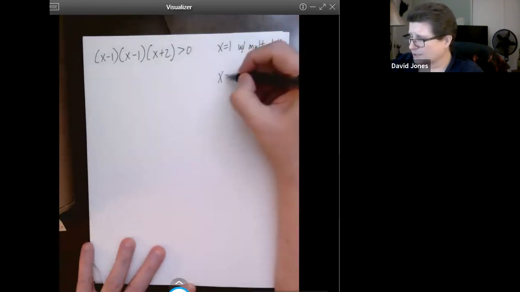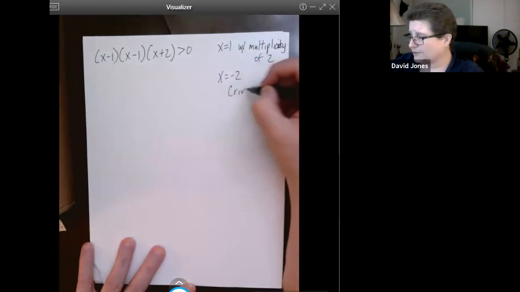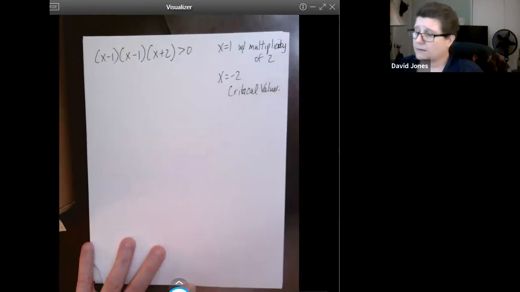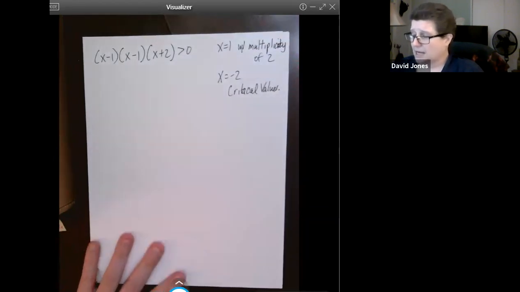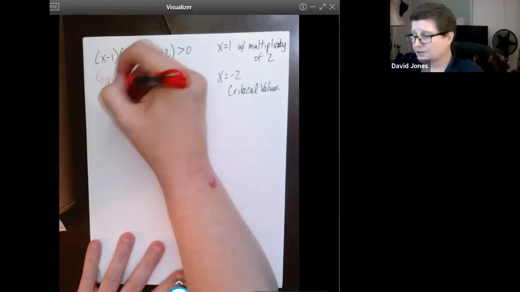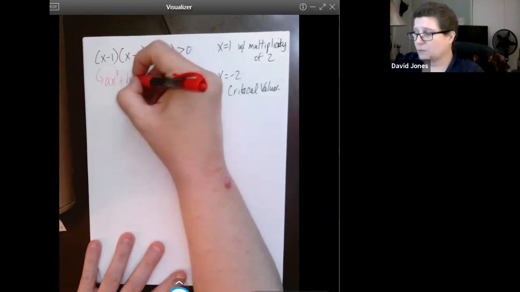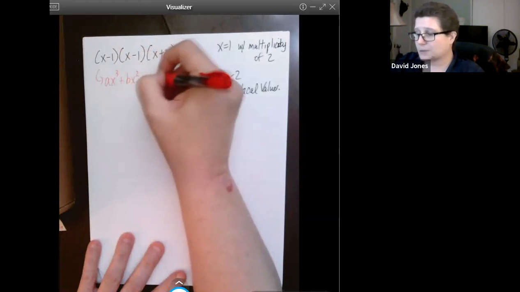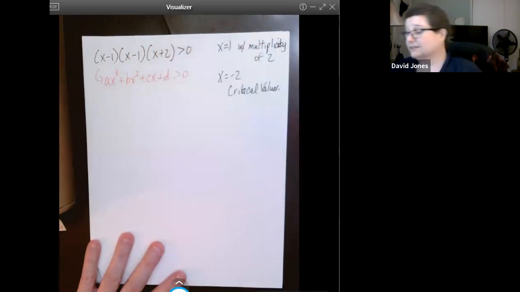And I get x equals negative 2. Those are my critical values. If we multiply this all out, there's going to be a cube: ax cubed plus bx squared plus cx plus d greater than 0.